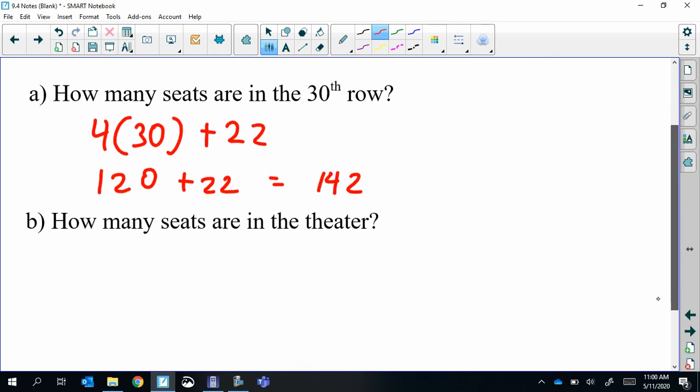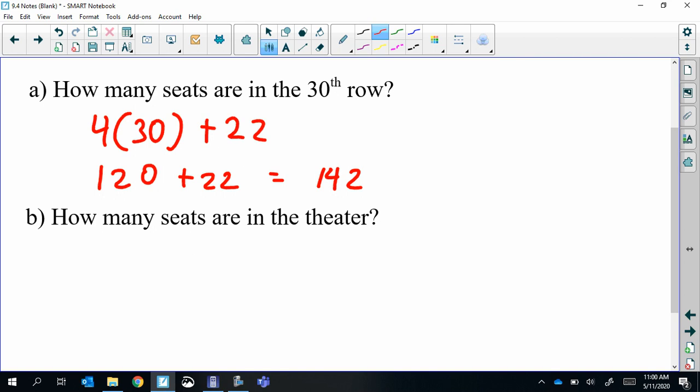How many seats are there altogether? So now that's adding all 30 rows together. So we need to know that there are 30 rows, divided by 2, times the first row, which has 26, and the 30th row we just found is 142.